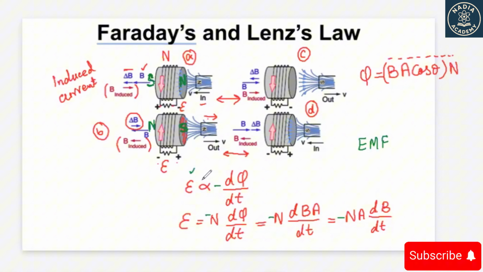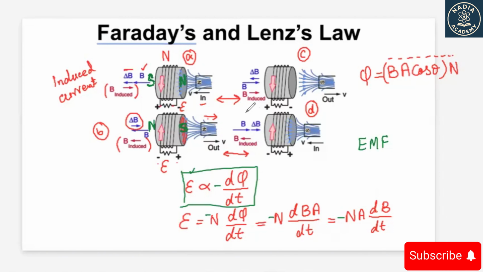What current? Induced current. And what is Faraday's law? Faraday's law is simply that the magnitude of the induced EMF is equal to the rate of change of flux linkage. So this phi is the linked flux with this coil.